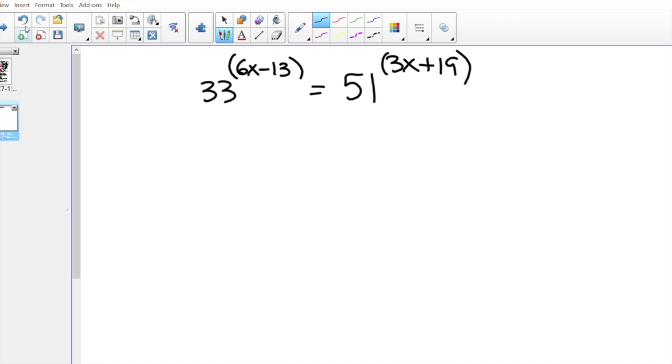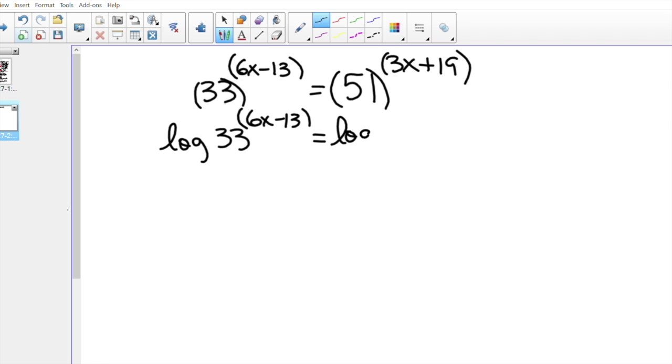Now, since we cannot change 33 and 51 to the same base, we're going to use logarithms. And it's 6x minus 13 equals log 51 to the 3x plus 19. Again, remember what Mr. Napier said.